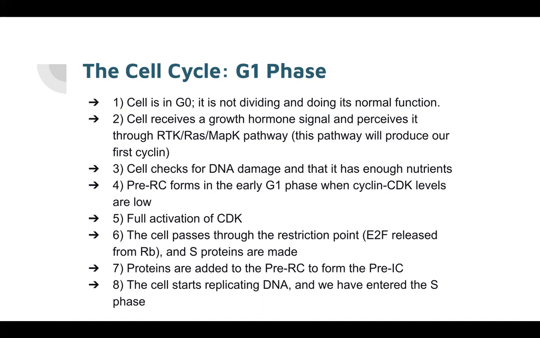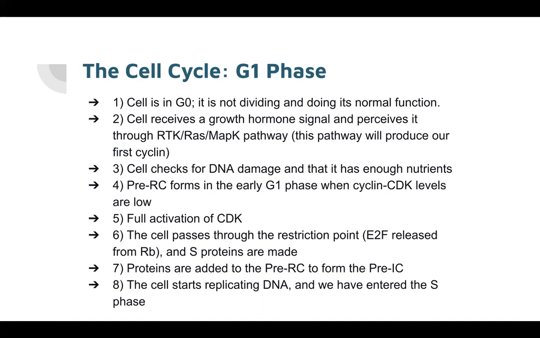That's the complex that we'll talk about a little bit later in the slideshow. And it's important for the cyclin CDK levels to be low for that, because high levels of CDK will inhibit the formation of the pre-RC.